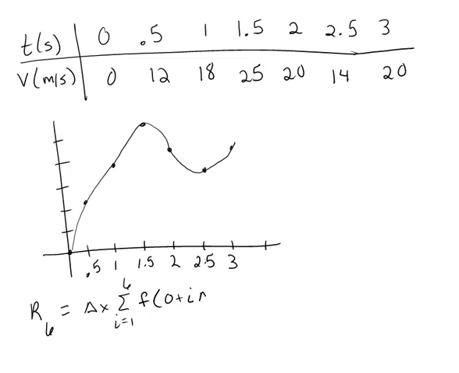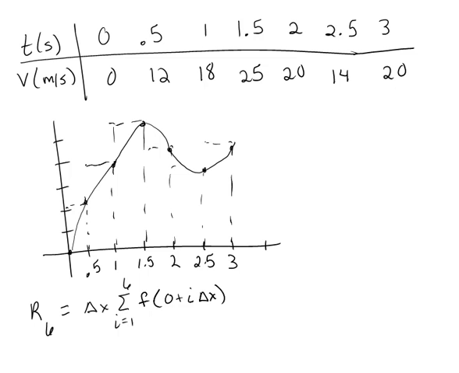And your delta x is 0.5. So you want to imagine that you're looking at the right-hand intervals, using as your height the right-hand endpoint of these subintervals.